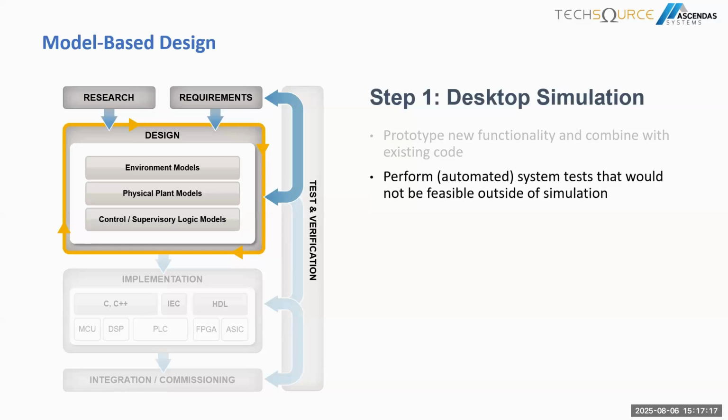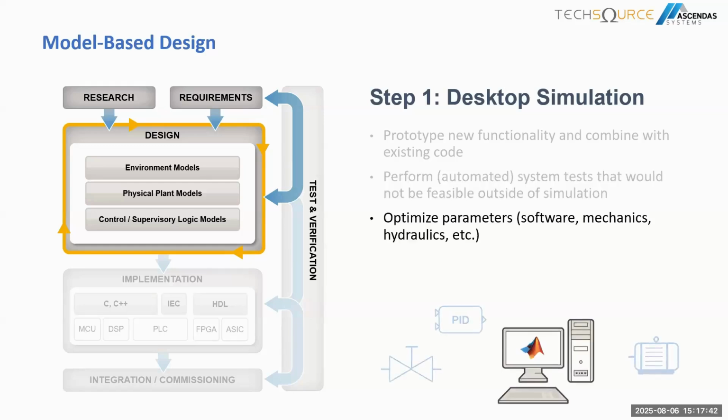Examples are fault analysis, where we can determine certain faults in simulation rather than doing the faults in actual hardware, which may destroy the hardware itself, right? So these are just some examples where we can use this system test, which are not feasible outside of simulation.